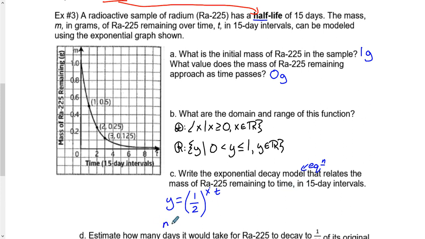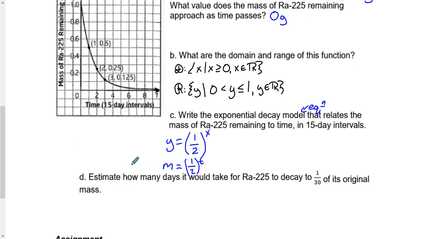Same time we can talk about the mass being 1/2 to the power of t. So make that actually look nice, as best as I can. So I'm just going to erase this t and let my notes.